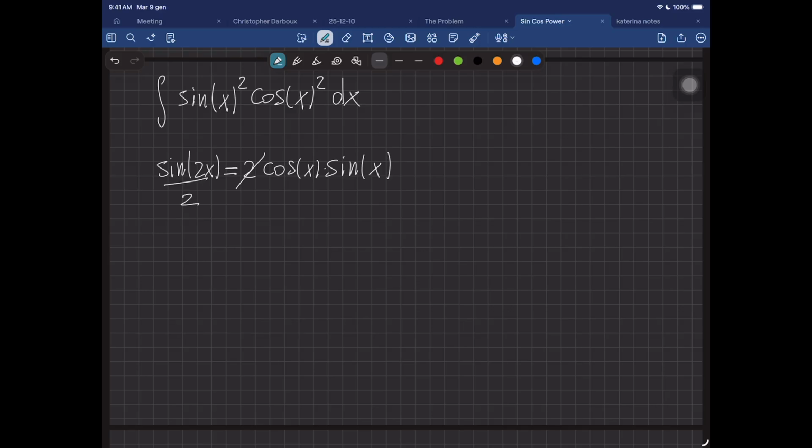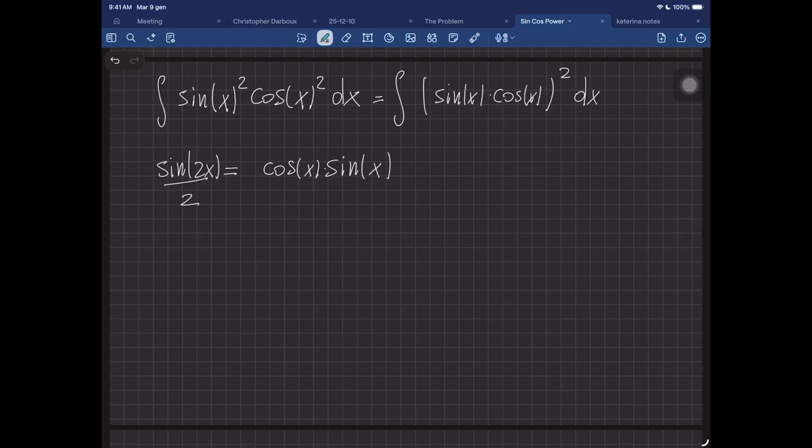And now we get the sine of 2x over 2 is equal to the sine of x times the cosine of x. How can this be helpful? Well, we can actually write the integral as the integral of the sine of x times the cosine of x, all to the power 2 in dx.